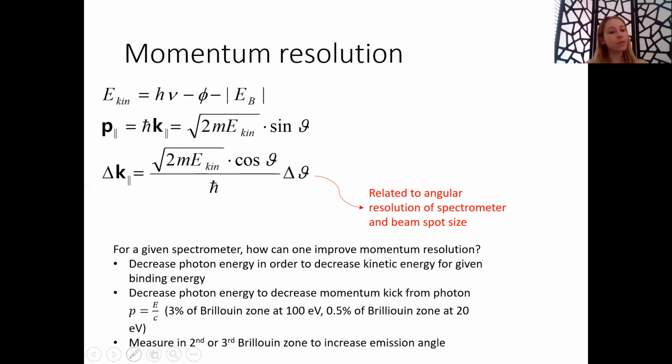So decreasing the photon energy also decreases this momentum kick, and it increases the momentum resolution that way. That is separate from this formula.